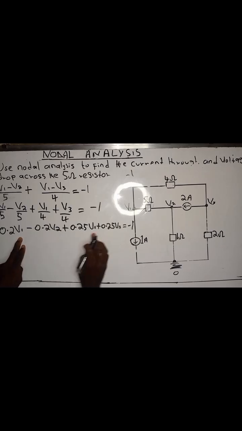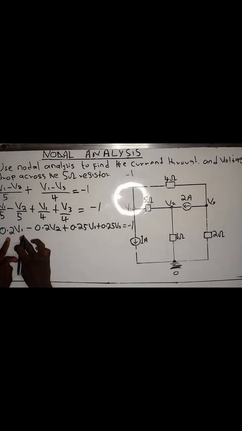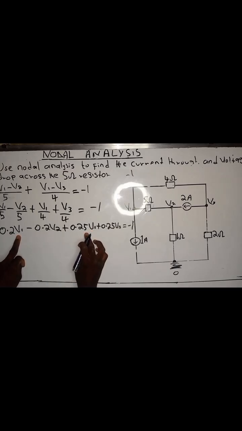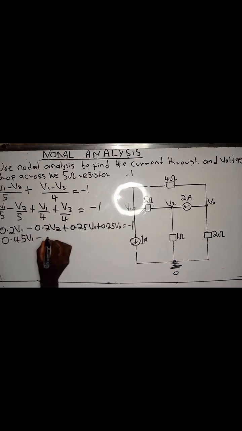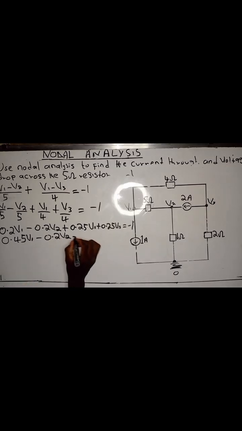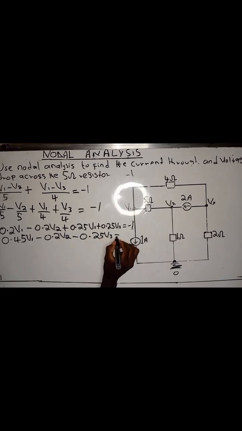I have V1 here and V1 here, so V1 plus 0.2 plus 0.25 gives 0.45. So 0.45 V1 minus 0.2 V2 minus 0.25 V3 equals minus 1. Let's call it equation 1.